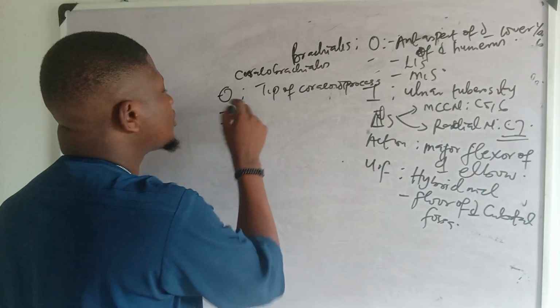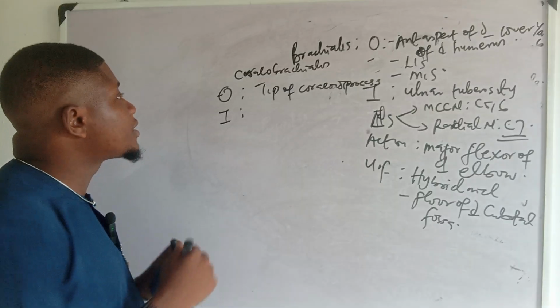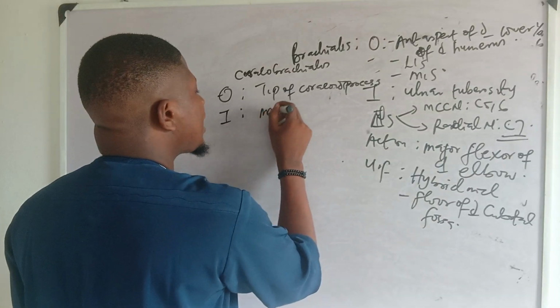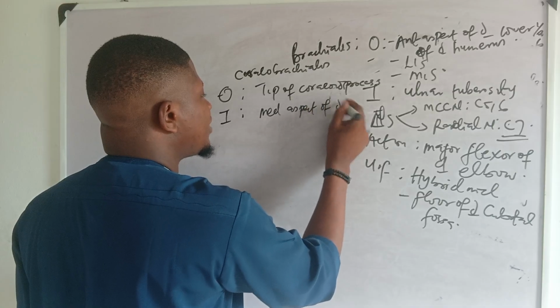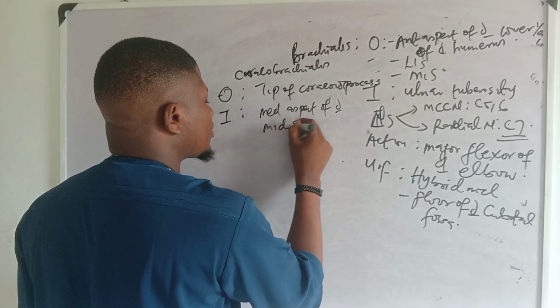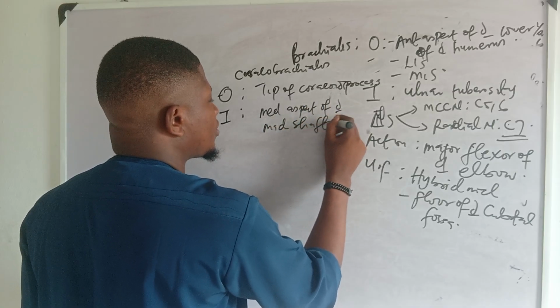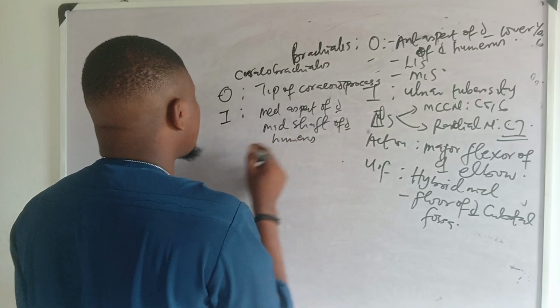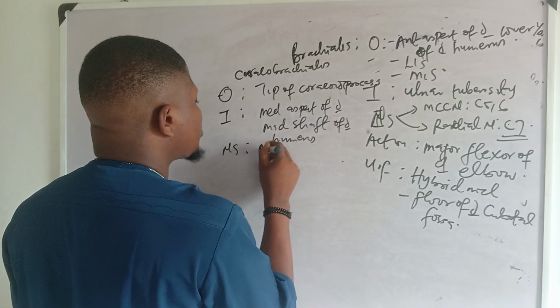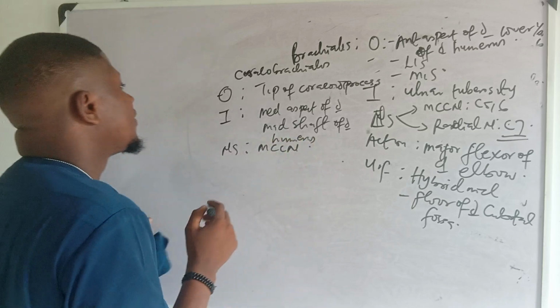Then the insertion is the medial aspect of the mid shaft of the humerus. Then nerve supply, you already know, is the musculocutaneous nerve.